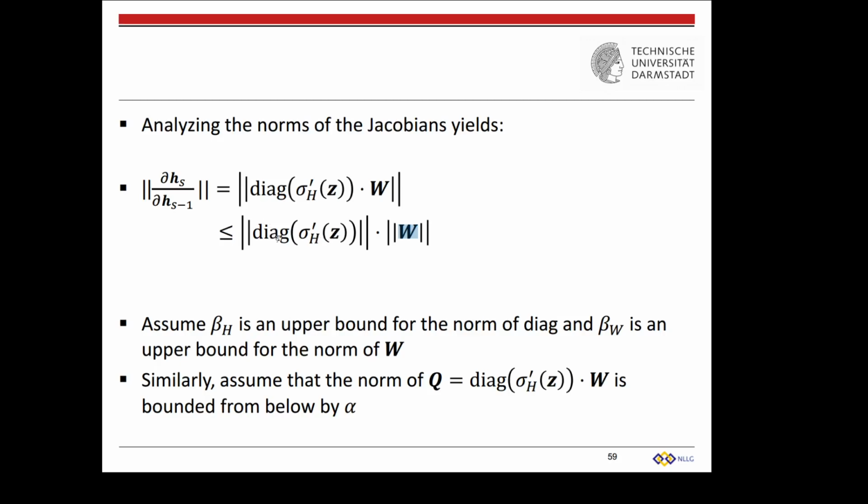This upper bound is even easier to get, because it really depends on sigma h prime, the derivative of the activation function, and we've already seen a couple of those. For the linear activation function, the derivative was exactly 1. So this thing will always be 1, so we have our upper bound of either 1 or 1 plus epsilon, whatever you consider to be an upper bound.